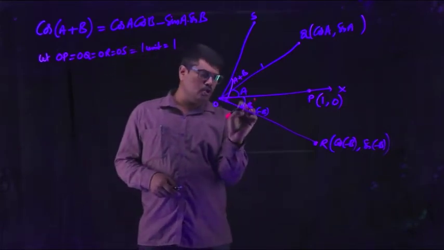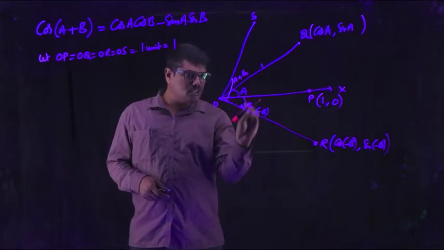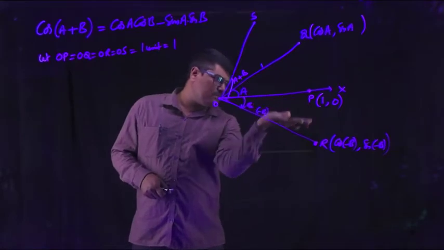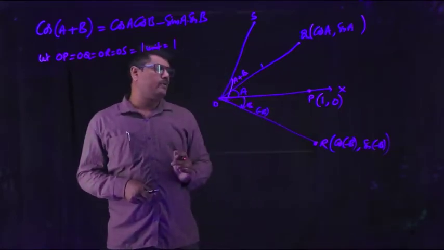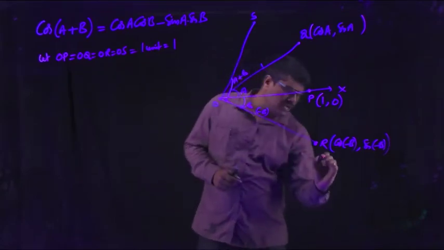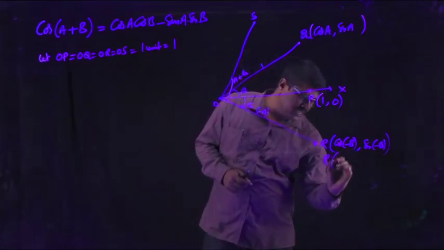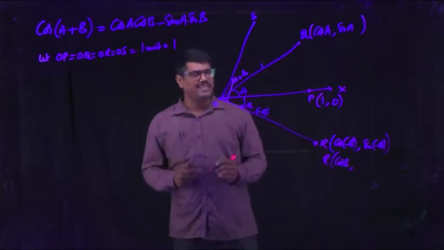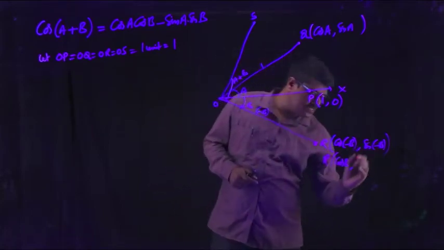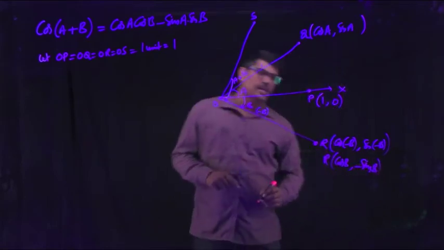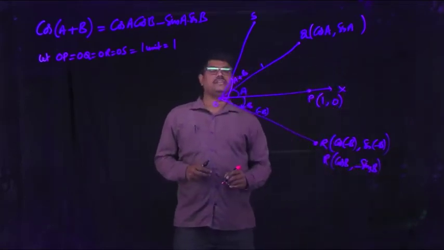Even though you consider B from a magnitude point of view, angle B is okay, but observing the direction of OR from OP, you should consider that one as minus B. And also we know cos minus B is nothing but cos B, because cos minus theta is cos theta, and sin minus B is minus sin B, because sin minus theta is minus sin theta.